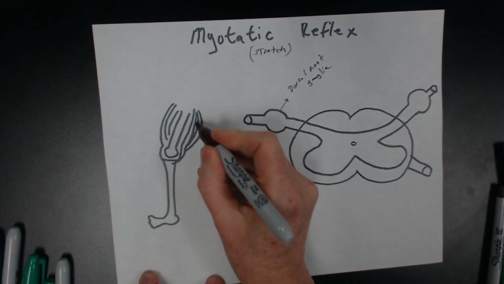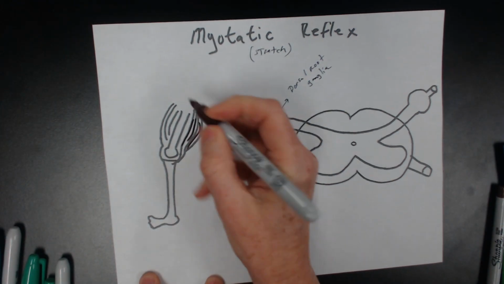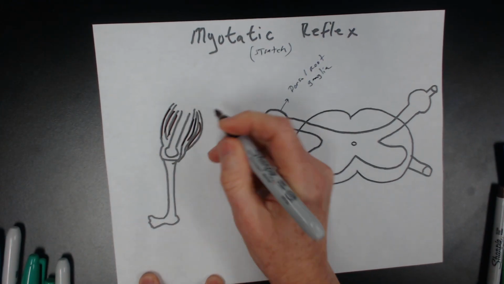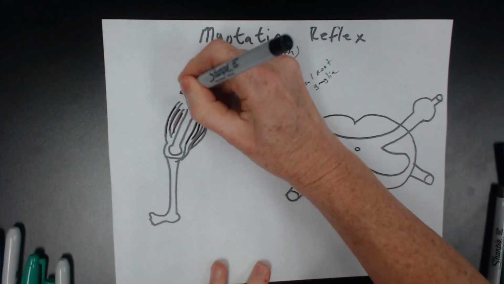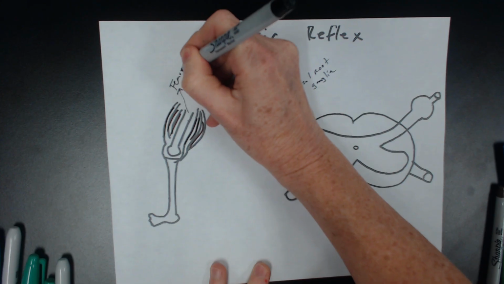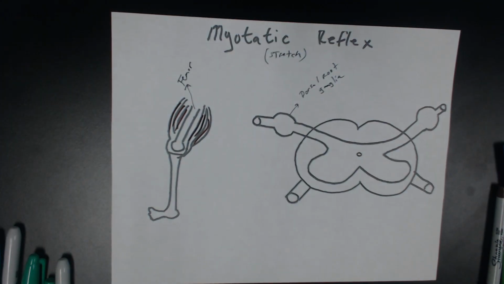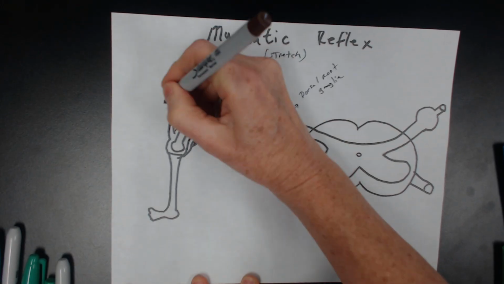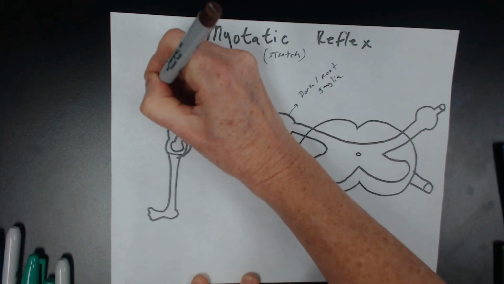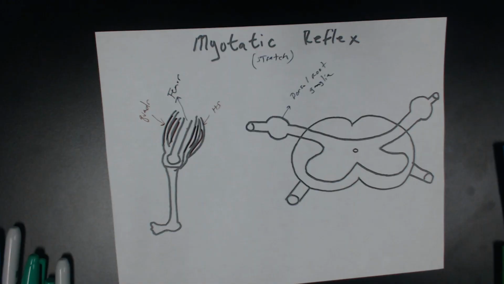So these are hamstrings back here, and these are quads, and this is a femur in the middle. I put that in. Okay, hamstrings, quads, and femur.